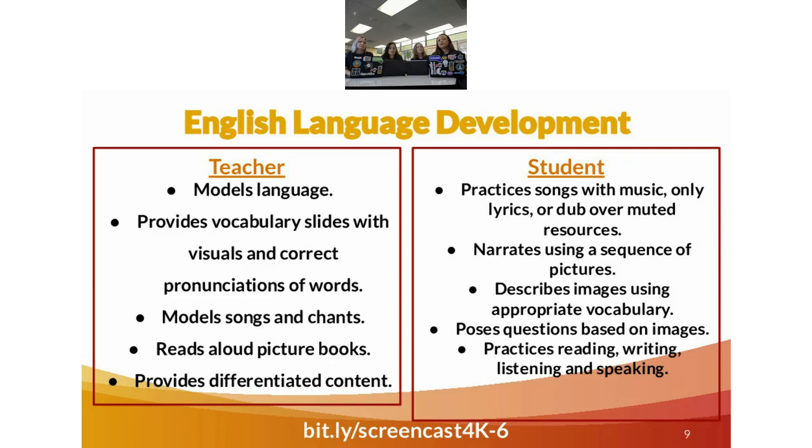They can even narrate pictures. The teacher would provide a 4-picture narrative, and the student would just narrate what they see. They can describe the images using grade level appropriate vocabulary, and even pose questions based on the images that they see. And of course, practice reading, writing, listening, and speaking.